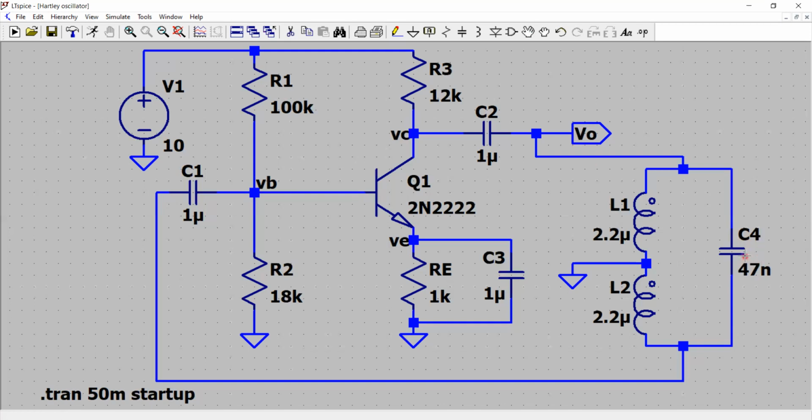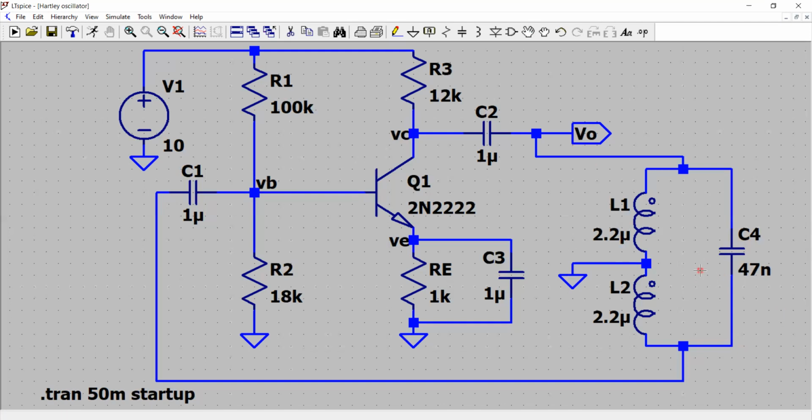And you have this capacitor C. So based on the values I have chosen, the frequency of oscillation for this circuit is around 380 kilohertz. I repeat, 380 kilohertz, and we'll see that. That's the resonant frequency offered by the tank.